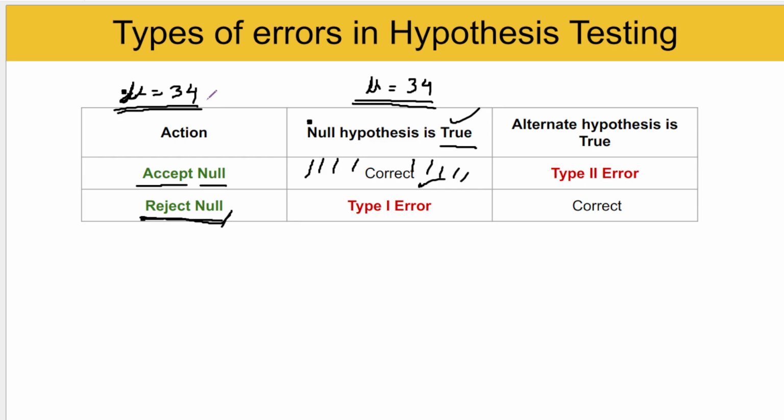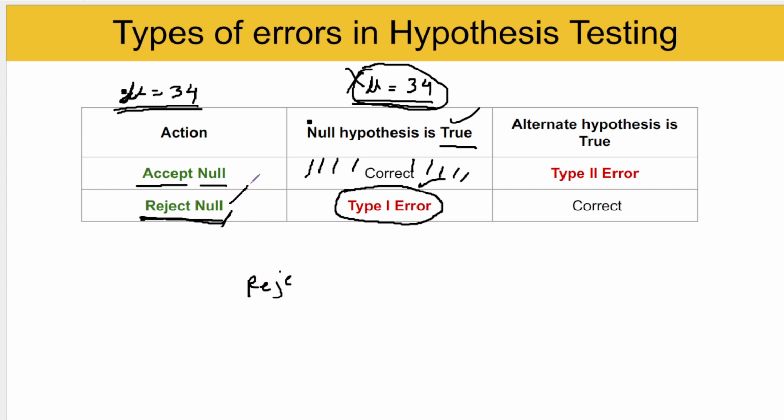But with some statistical methods, I rejected the null hypothesis that the mean is 34. In that case, I make a type 1 error. What is a type 1 error?